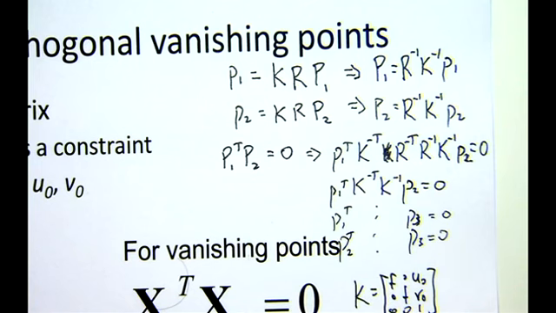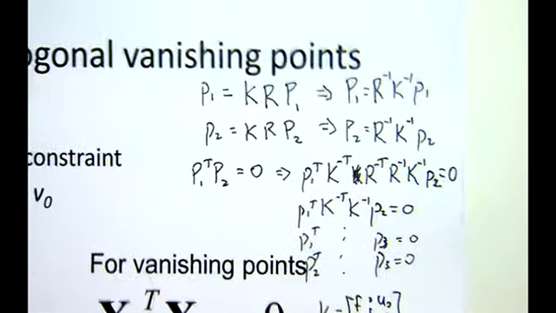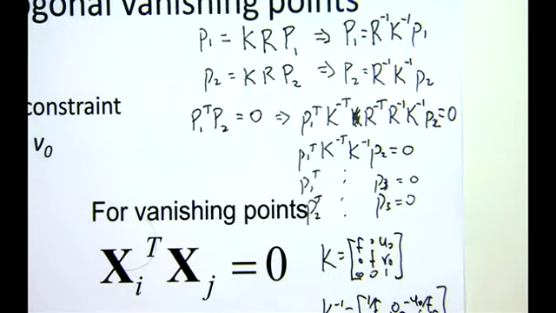We knew only U and V in p1s, right? K inverse has 3 variables, F, U naught, and V naught, right?